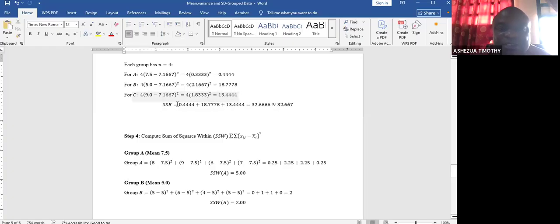Sum of squares between is quickly just to add these 3 values. If you do that, you have this value. Approximately, I just choose to truncate it at this point so that I will have 32.667. This sign is approximately.